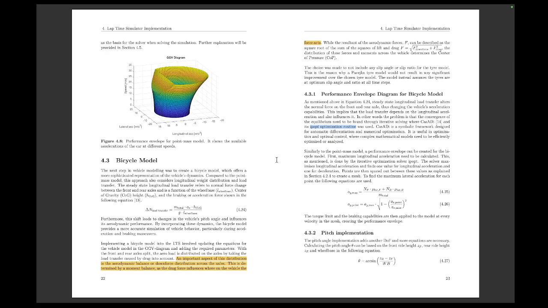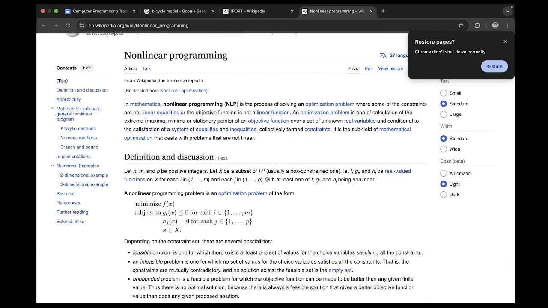Since it's a maximum, it's like optimize. I'm starting to understand this now. It's one of the calculations of the extrema.